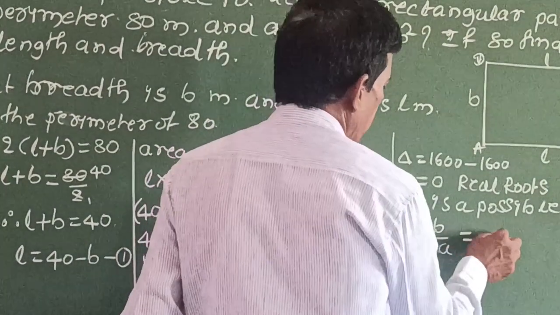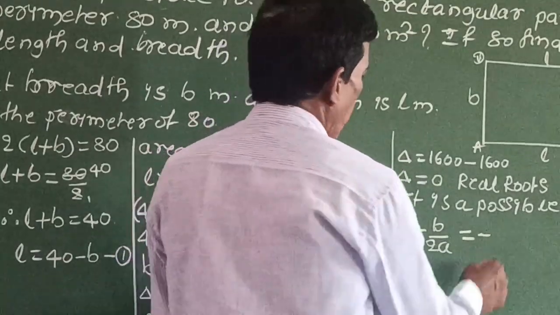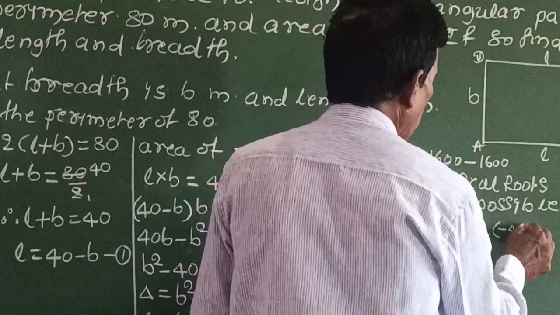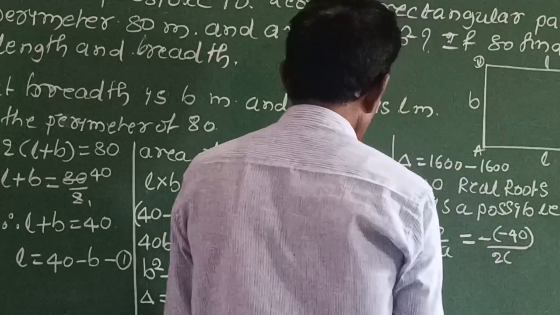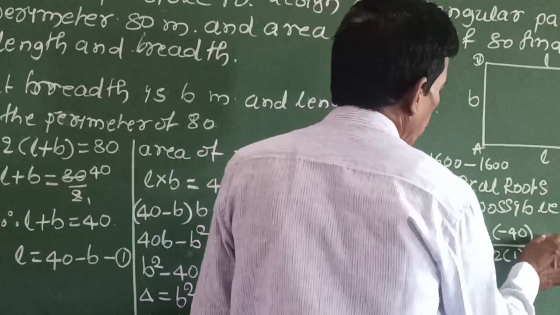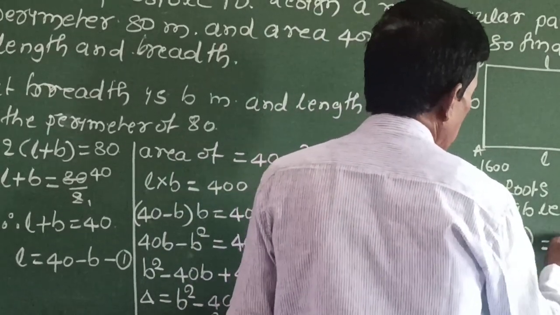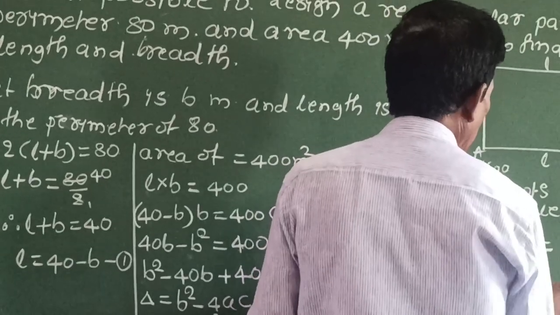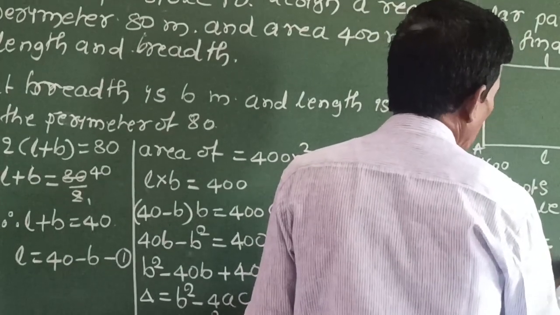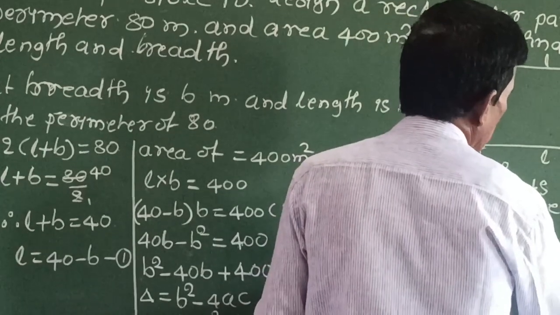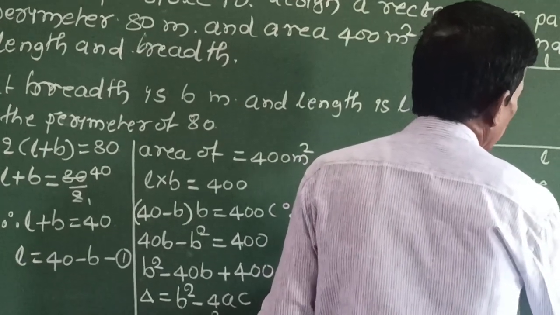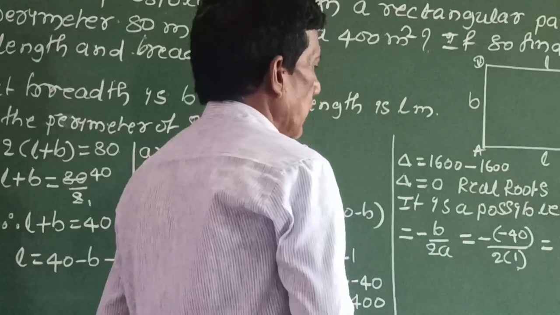Therefore minus B is minus 40 and 2A is 2, A is 1. So minus minus 40 by 2A, 2 ones are 2, 2 twos are 20. It means B is 20 meter.